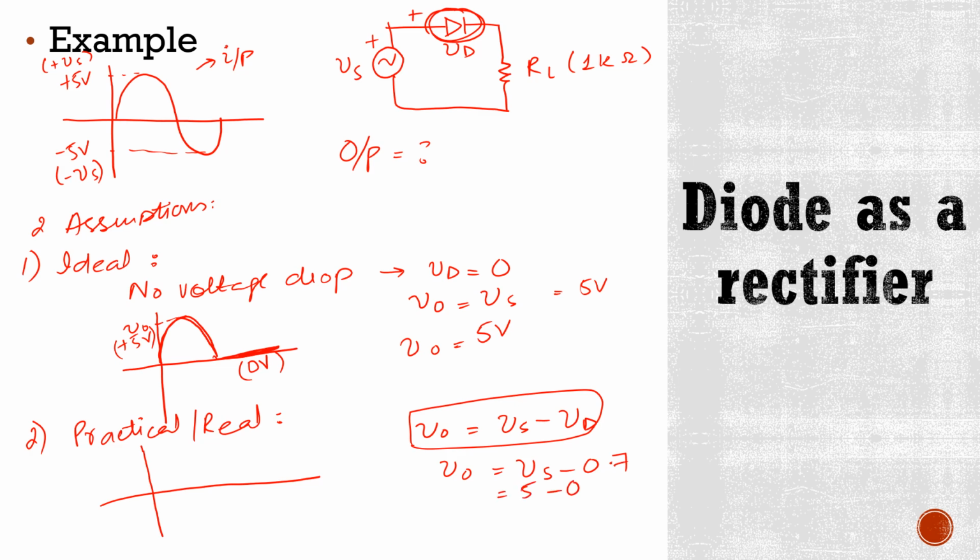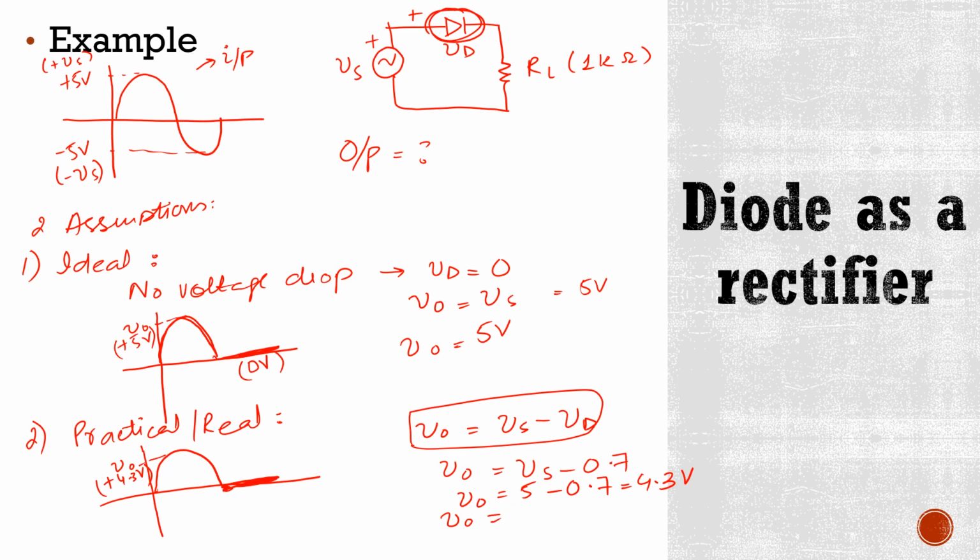Here Vs is 5. It means here the output voltage is 4.3 volts. It means during the positive half cycle, the magnitude of this output voltage V0 is plus 4.3 volts for a silicon diode.